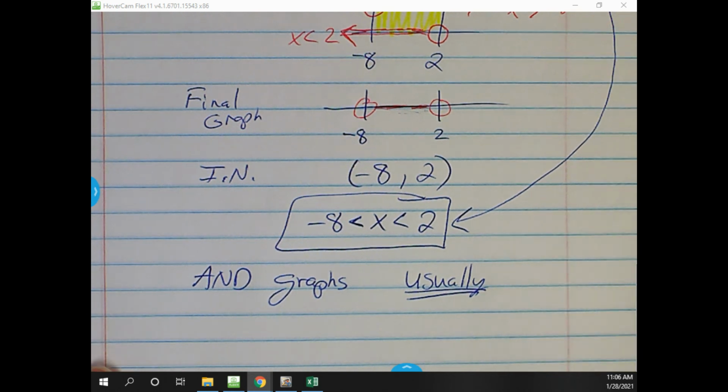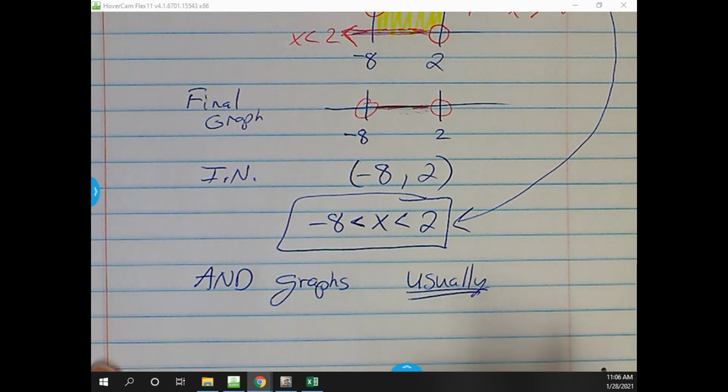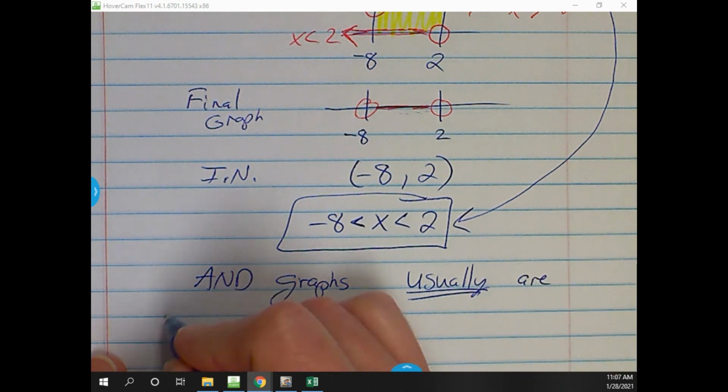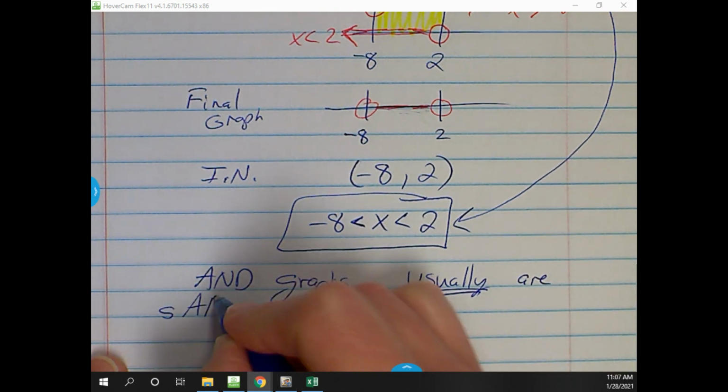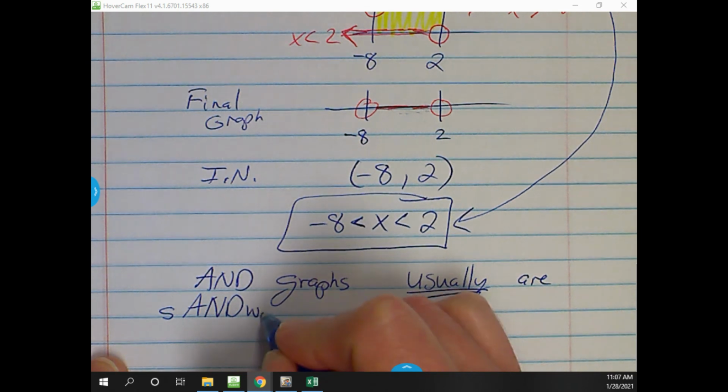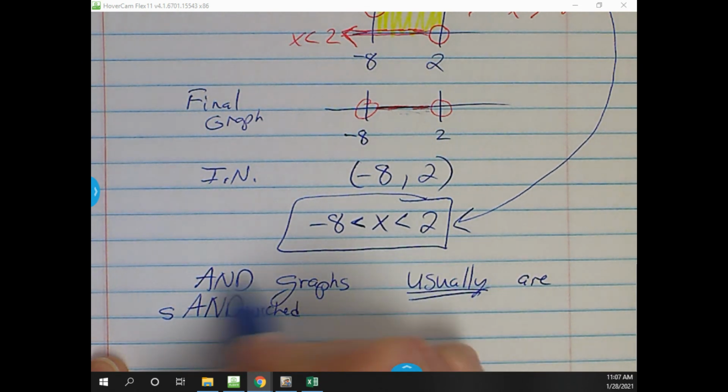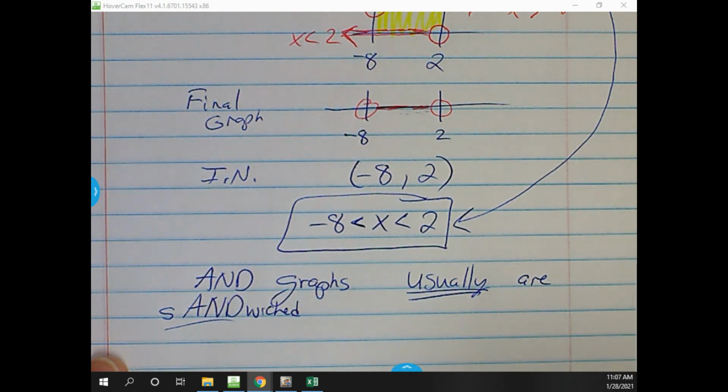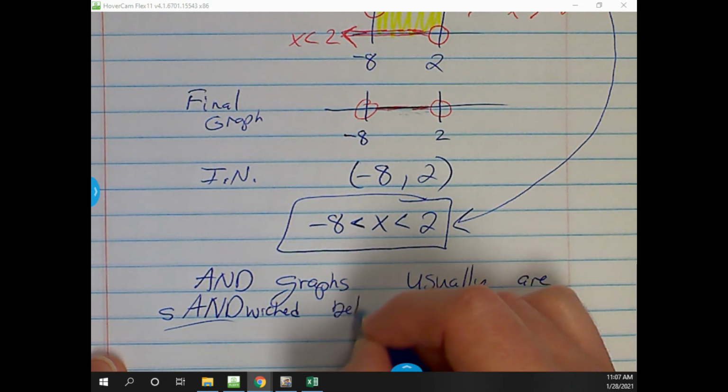But most of the time, "and" graphs usually are, here's where we put it together, sandwiched, because we've got the "and" and the sandwich there, because "and" is inside a sandwich. So "and" graphs are usually sandwiched between two numbers.